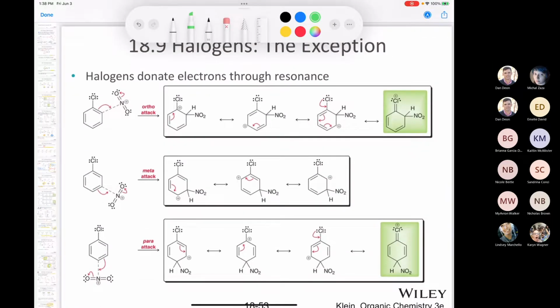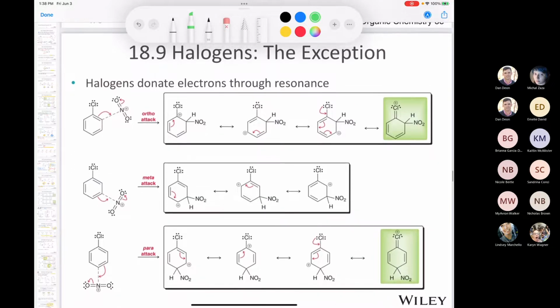Why? Same rationale that we saw with the nitro in a way, in that you end up with an extra resonance contributor when you do the nitration at the ortho or any kind of substitution at the ortho and para positions with a phenyl halide. So, whether you have bromobenzene, iodobenzene, chlorobenzene, or some derivative thereof.